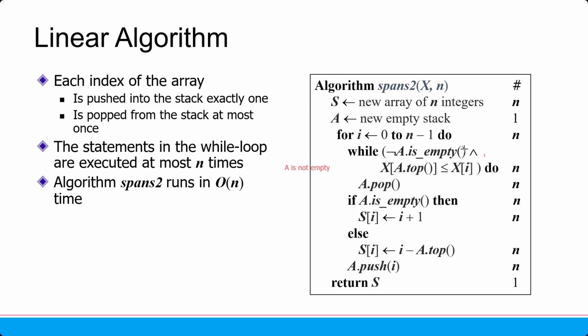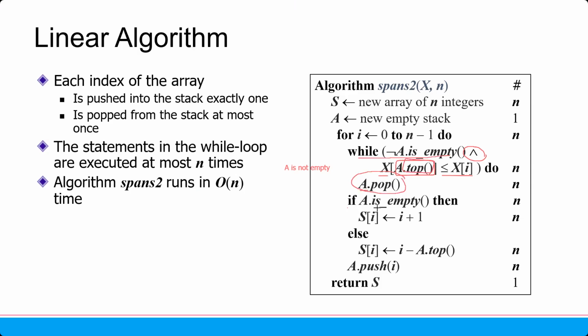And x at the position of the top of A is lower than or equal to xi. So we just want to check only the last element of the stack. If it is true, then we take the numbers from the stack.